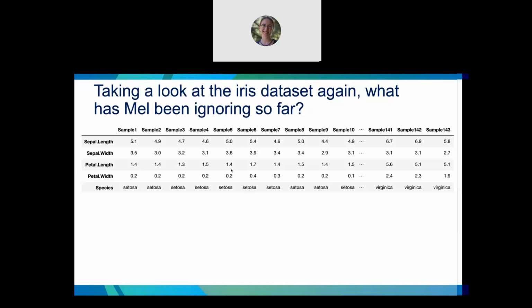Petal data, all the other three measurements, sepal width and petals. Yeah, exactly. So Mel has been focused on one variable, or in machine learning terms, one feature, and has been ignoring the other three variables.